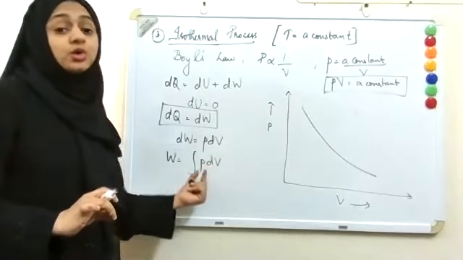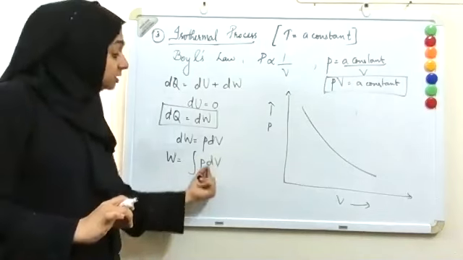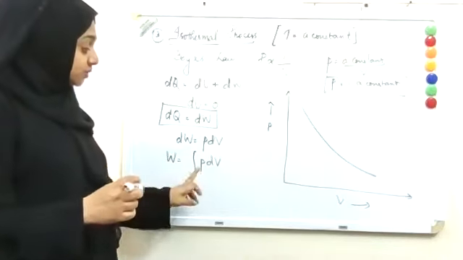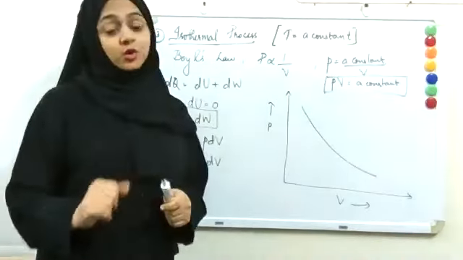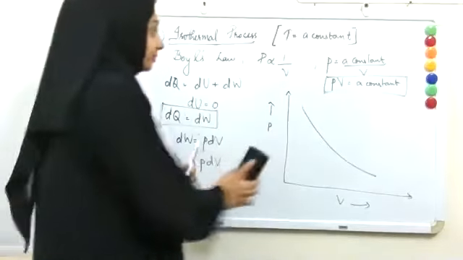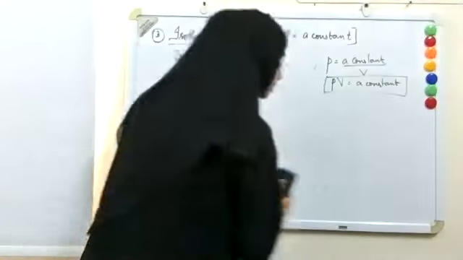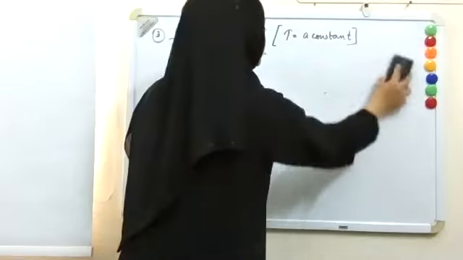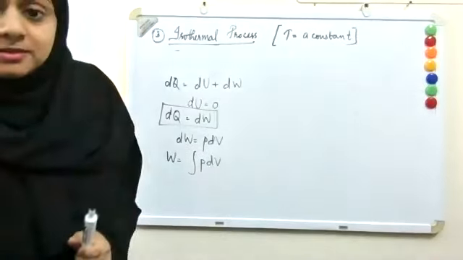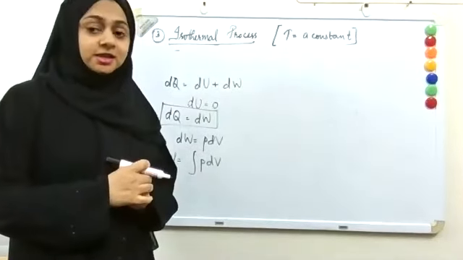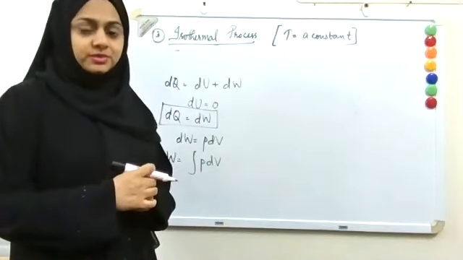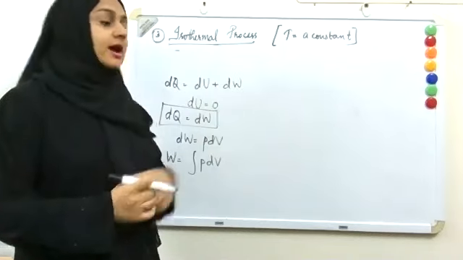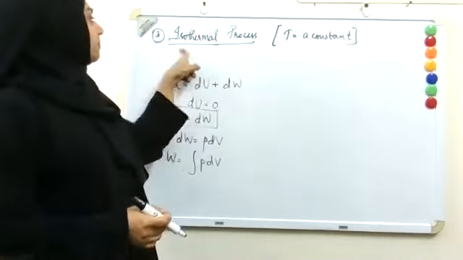So what can we do? We have to write pressure in terms of volume. How can we write an expression for pressure in terms of volume? Here, we have to use a concept which you must have learned before, the equation for an ideal gas. P1 V1 is equal to P2 V2 is equal to P3 V3 and constant. Yes, PV is equal to a constant from Boyle's law.